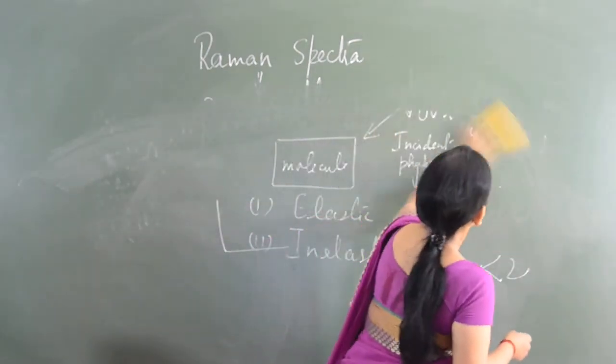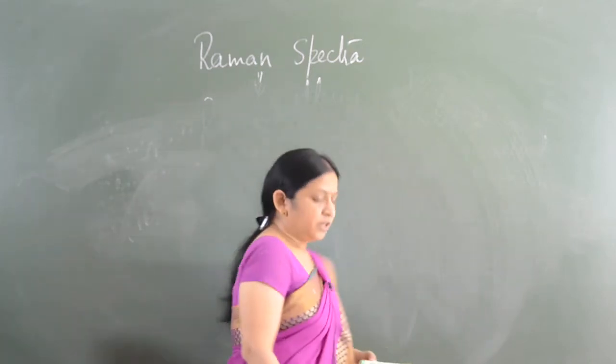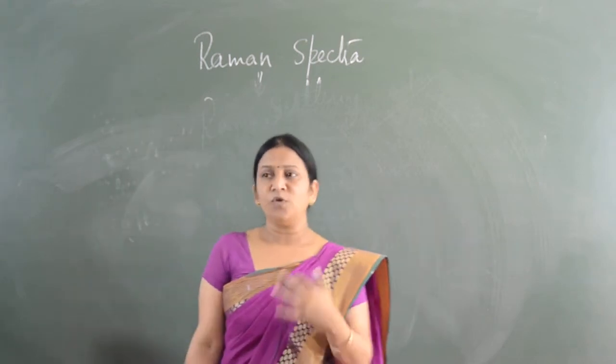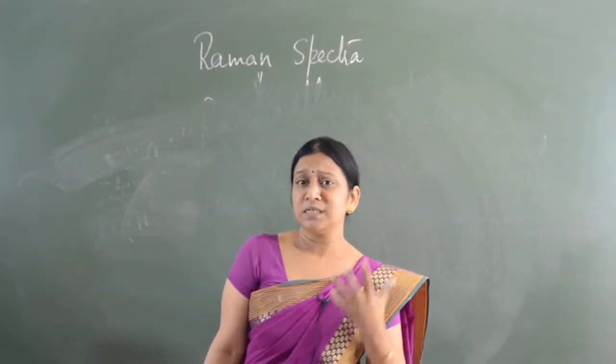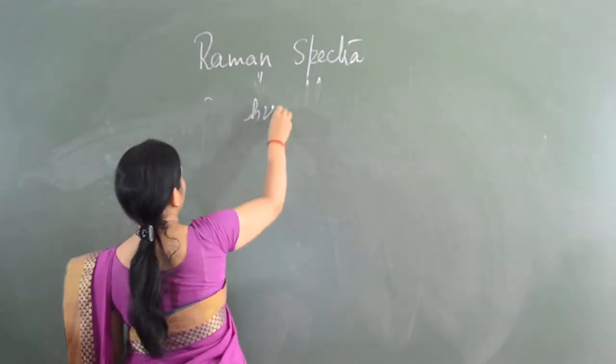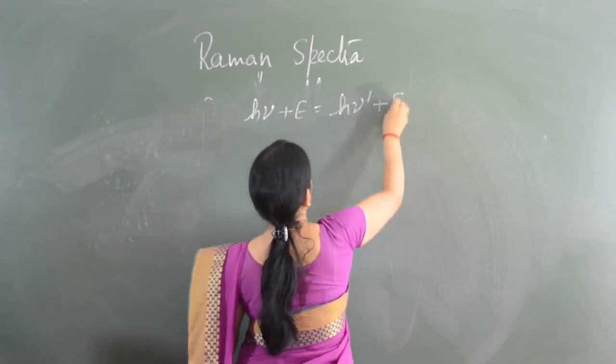Now, if the kinetic energy after the collision, when the radiation falls on the molecule, remains the same, in that condition we write hμ + E = hμ' + E'.